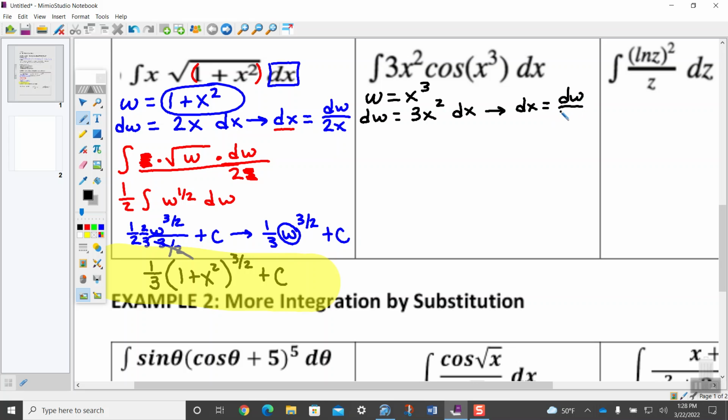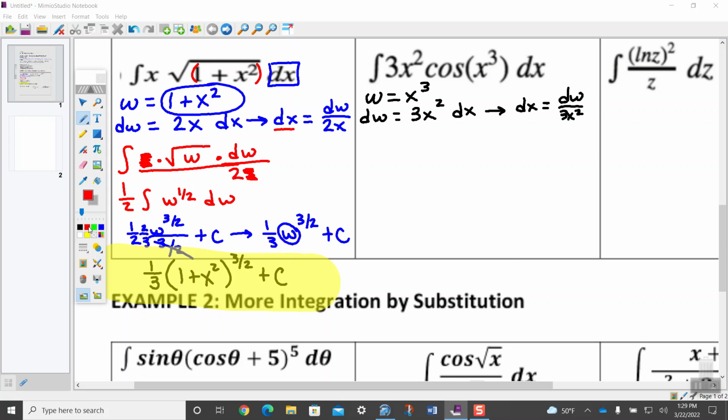Once you've gotten that dx part, or in this case, what are we going to get alone over here in this problem when we get here? dz. Yeah. But for now, you get that dx part alone, you're on your way to start making some headway. Okay? So let's roll. Let's substitute.